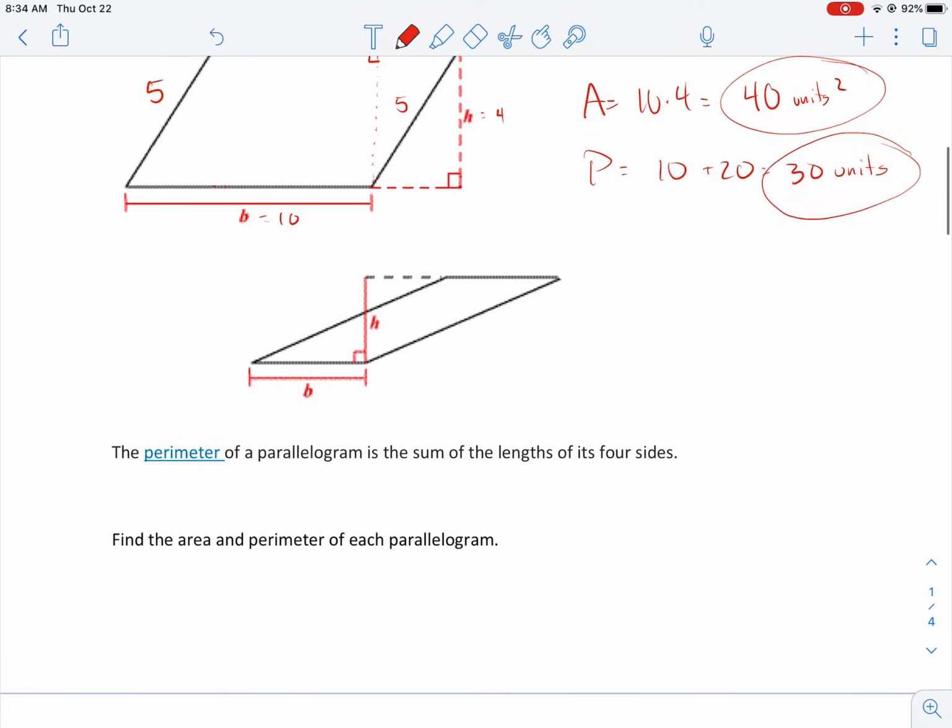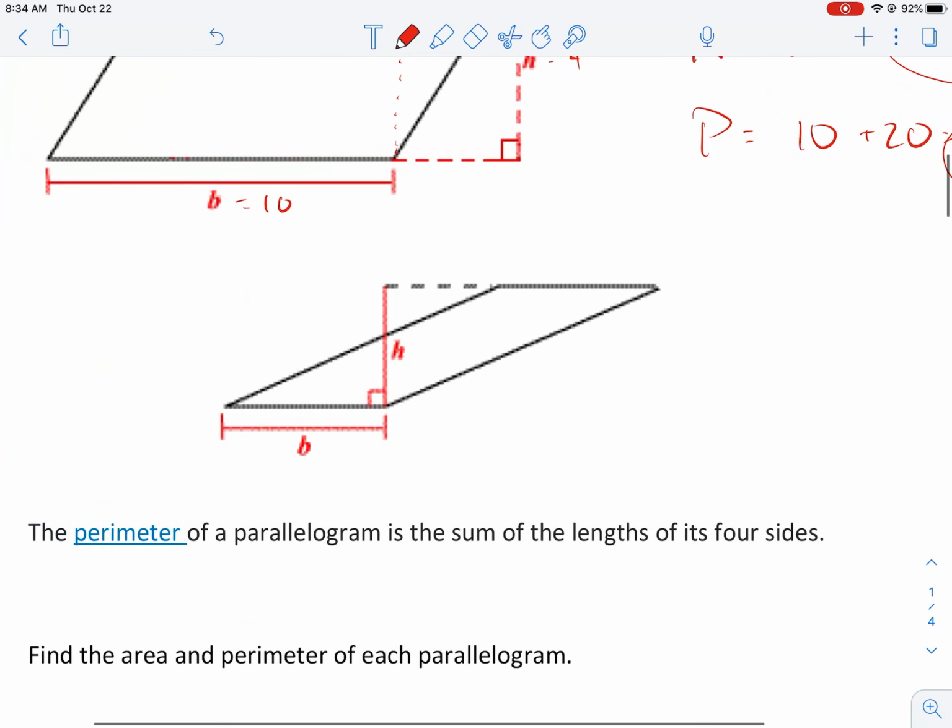Now, in this picture right here, hopefully we don't see this one represented like this too often. This is kind of a messy looking parallelogram. Maybe in one like this, they might actually even have it like this as well, right? Nice perpendicular line up from here. You might also see a height like that.